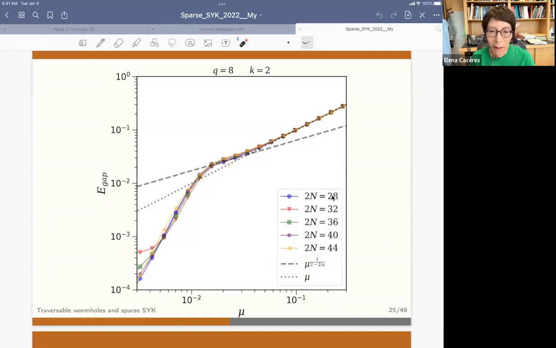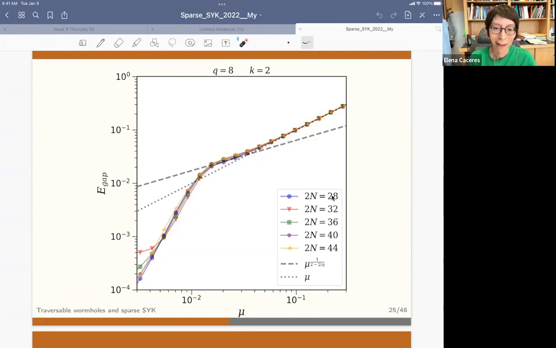I think in this case it's 7/4 or something. And this is really nice because it follows the gravitational prediction very well. In this range, for small mu's, it follows this weird power scaling, and then as you increase mu, it goes to the linear behavior.